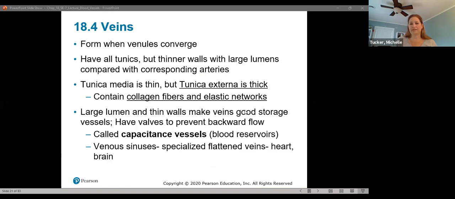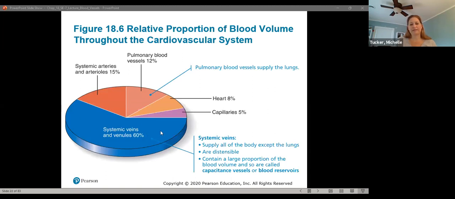Again, all 3 tunics, but a much thinner tunica media, and still a pretty extensive tunica externa because we need those collagen fibers and elastic networks to anchor veins, but also to stabilize lymph vessels and nerves. They're called capacitance vessels because they serve as blood reservoirs with up to about 65% of the blood volume located in veins.